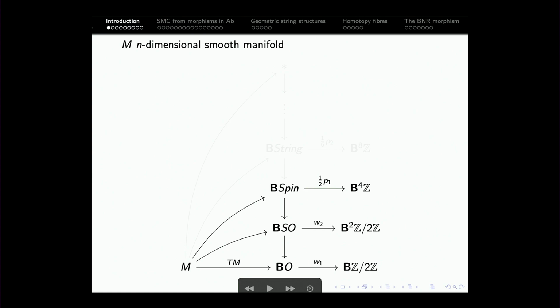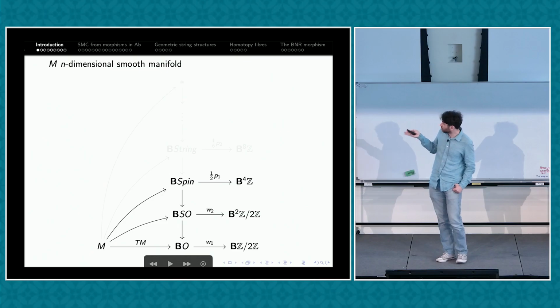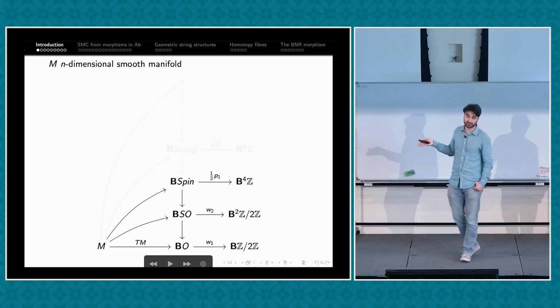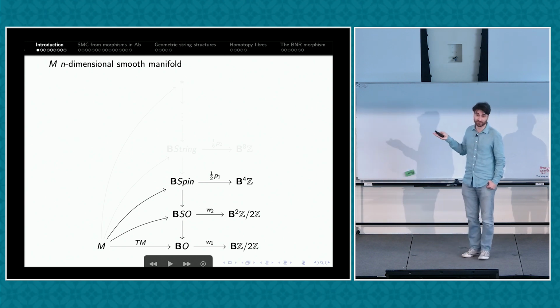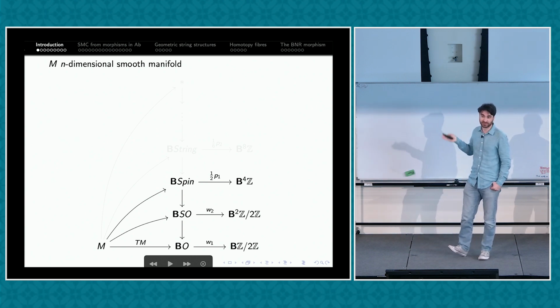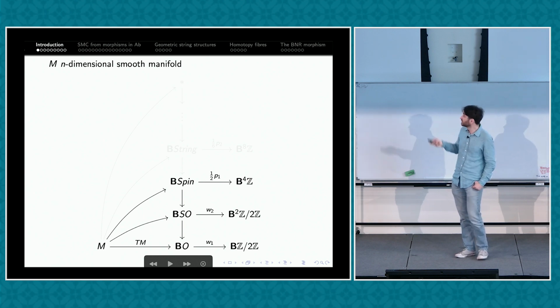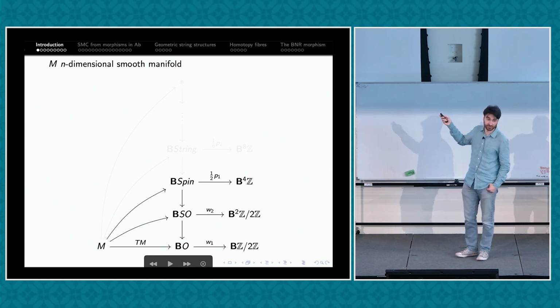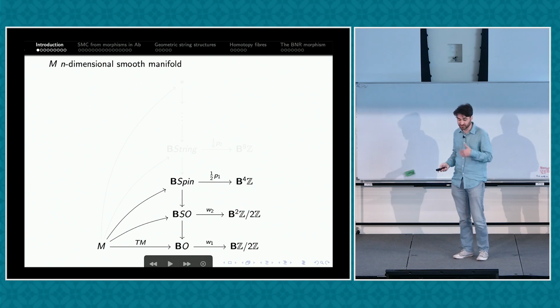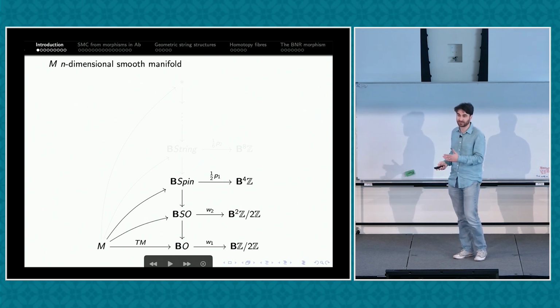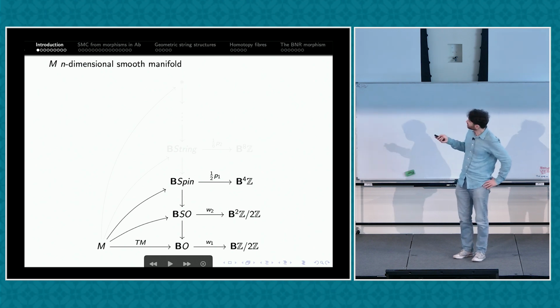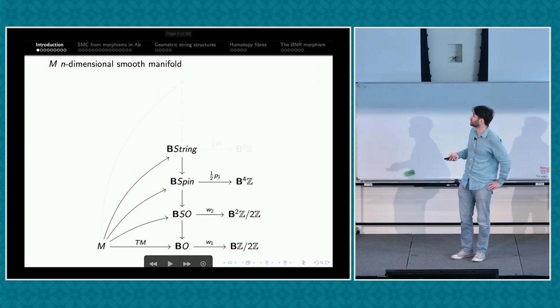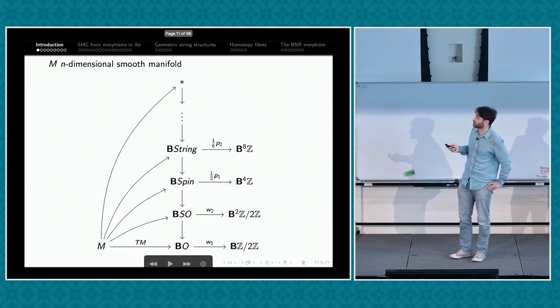The obstruction to go from spin to string is 1/2 p_1. That appeared already yesterday in Arun's talk. And you notice now we have a B^4 Z, so the obstruction is in degree 4 cohomology. If these vanish, we arrive at string structures, and we can go on. Now there's an obstruction in H^8, and so on, and so on.